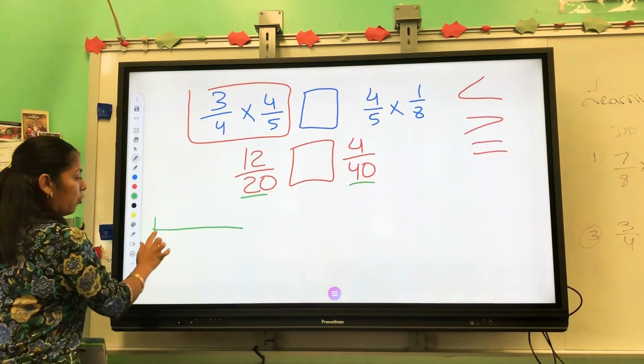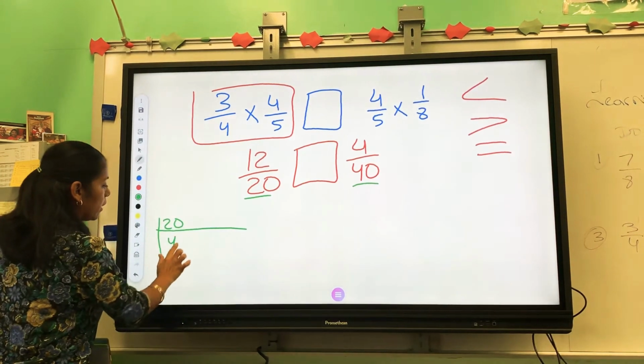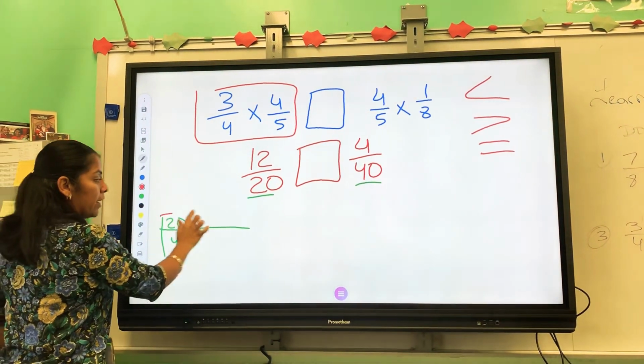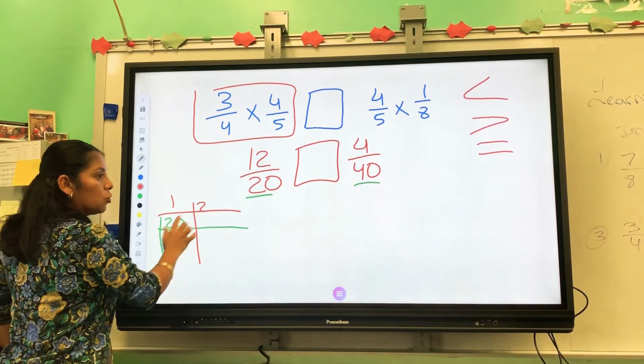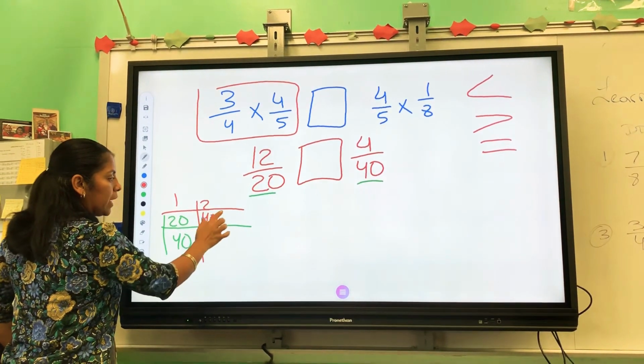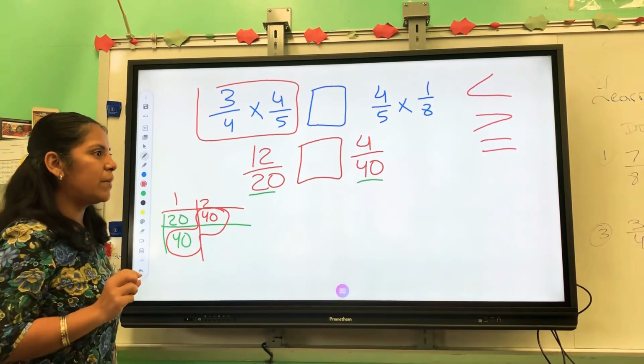I'm going to start with 20, the smallest one, and 40. And once again, what we have learned already in class, my times table. 1 times 20, 20. 2 times 20 will give me equals to 40. I have the same least common denominator.